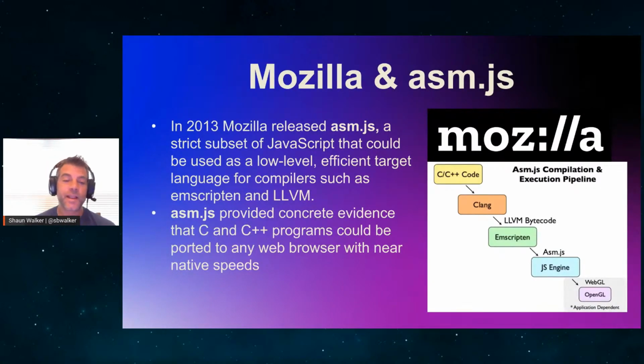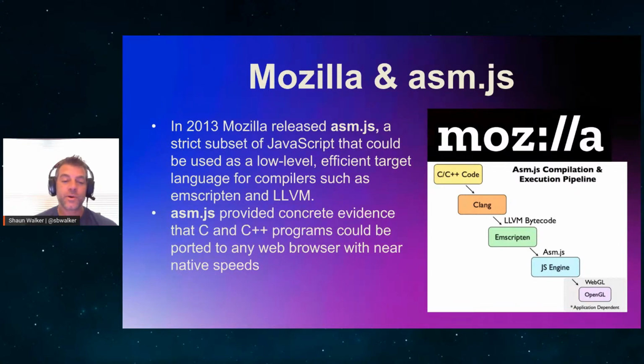Mozilla was really one of the pioneers behind WebAssembly, and back in 2013, Mozilla created a library called ASM.js, which didn't have the full capabilities of the JavaScript language. It was a subset of JavaScript, but it could be used more as a low-level environment, like a target for compiling applications using Emscripten and LLVM.